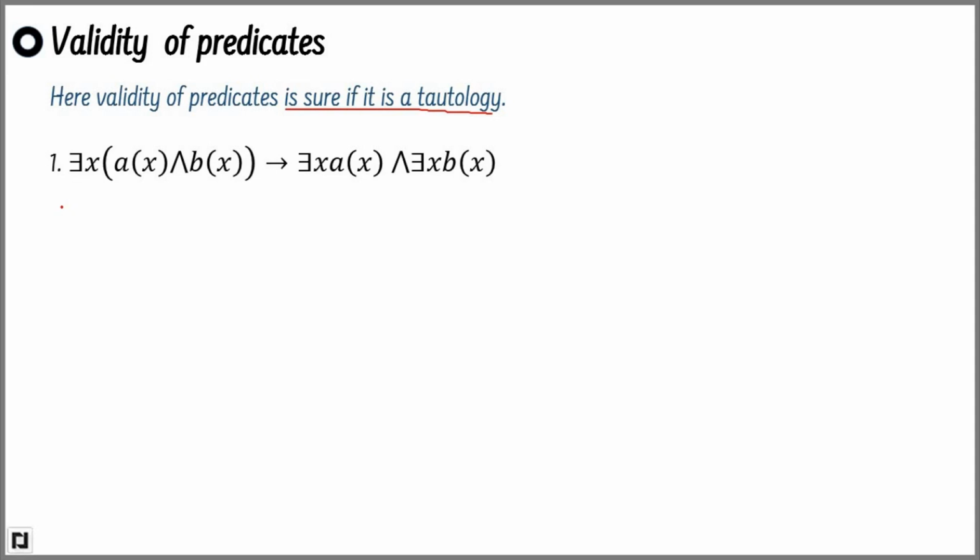First we have to take the negation of our entire predicate. After taking the negation, we have to reduce this predicate into a conjunctive normal form.